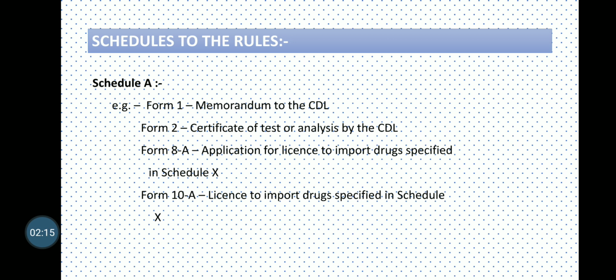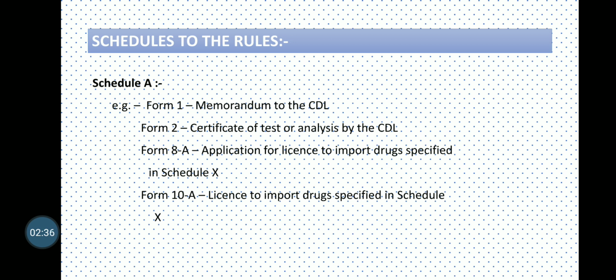In the same way, your D&C Act is a central act. Central act means it has been passed by the central government, and rules and regulations should be uniformly implemented throughout India, that is within the territories of India.